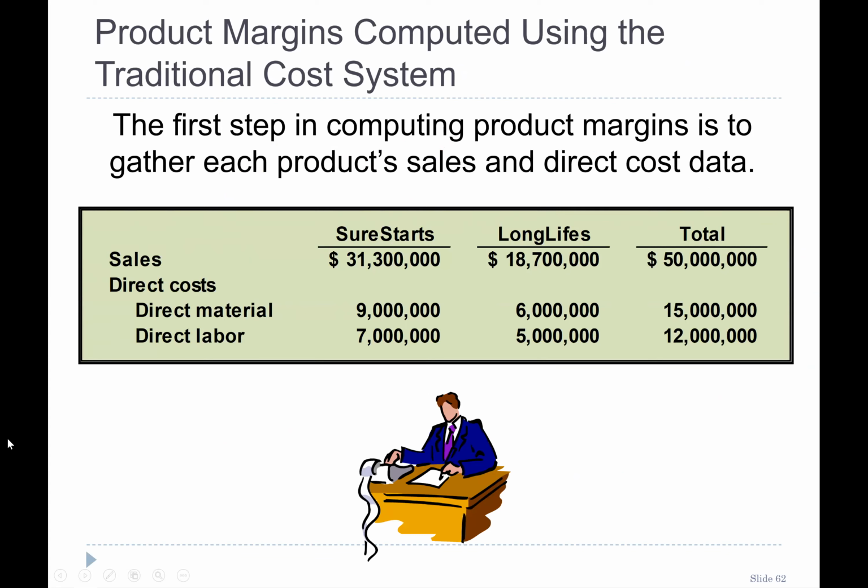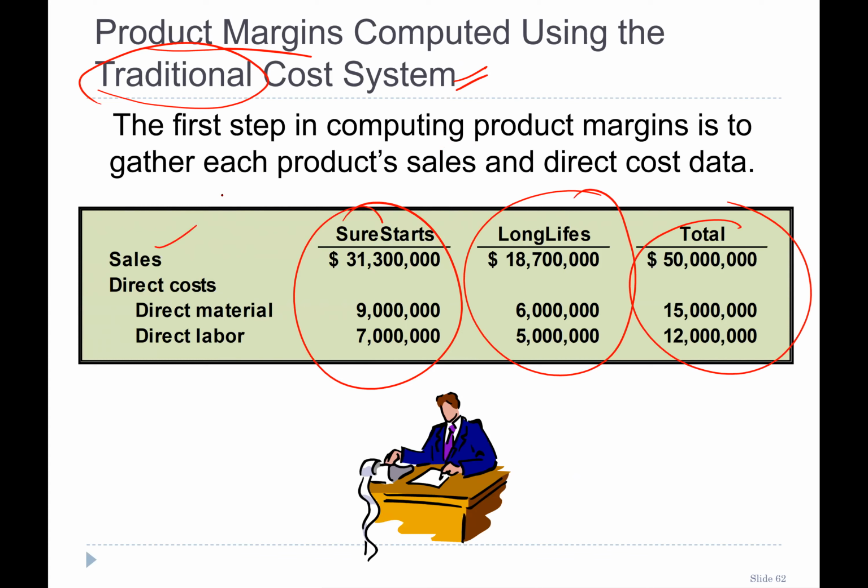So, if we calculated the product margin from traditional costing, okay, the previous example was customer margin. Now let's continue our discussion related to product margin. Data is the same. They have provided this data for direct material, but shipping cost is not included here. Why?